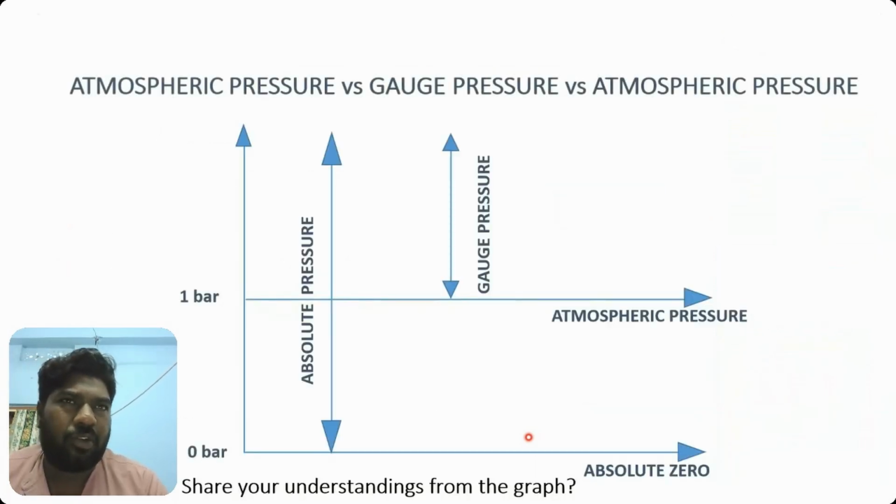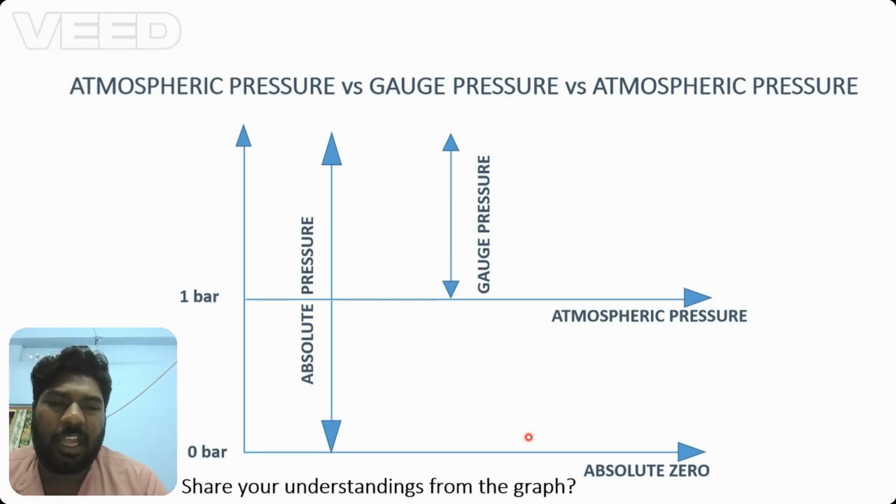As we are talking about pressure, let us discuss the relation between different types of air pressure. First we have atmospheric pressure, which is the amount of pressure available in nature or in the surroundings, roughly around 0.8 to 1 bar.